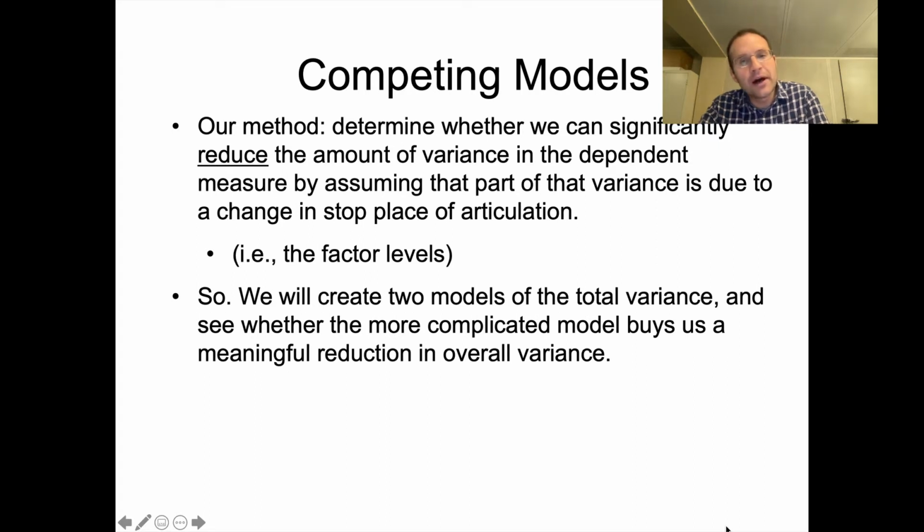So we're going to create two models of the total variance, one pretty boring, one less boring, and then see whether the more complicated model buys us a meaningful reduction in the overall variance.